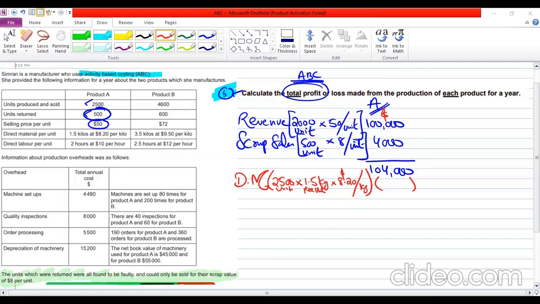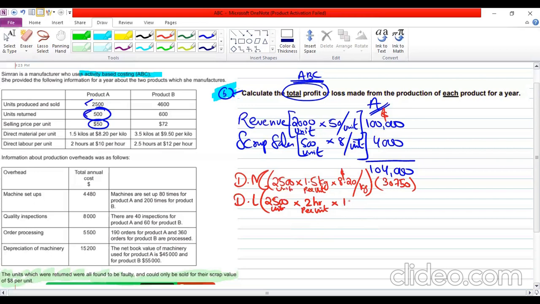Any problem? No, sir, no problem. Help me with the number. 30,750. Any doubts? No doubts. The next is labor. I am producing 2,500 units and it takes 2 hours of labor to produce 1 unit, which means I am going to hire labor for 5,000 hours.